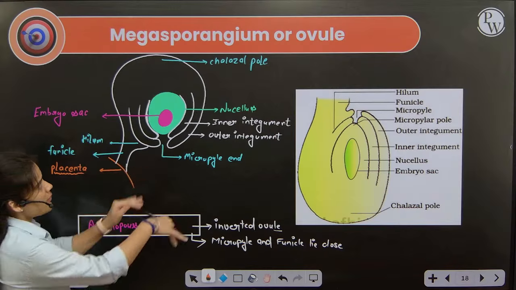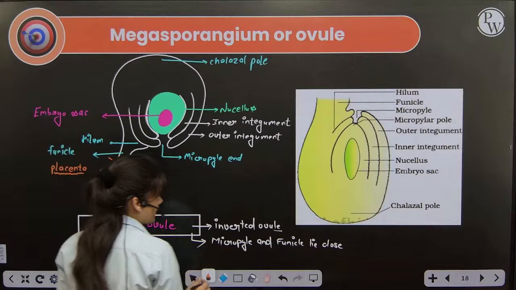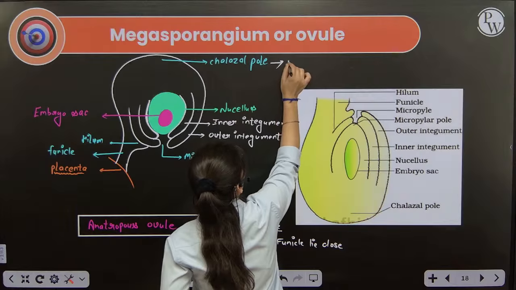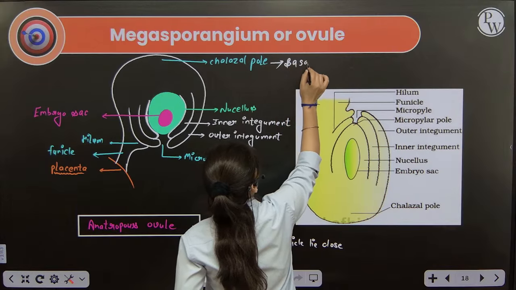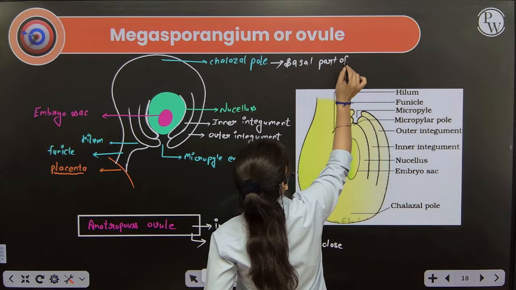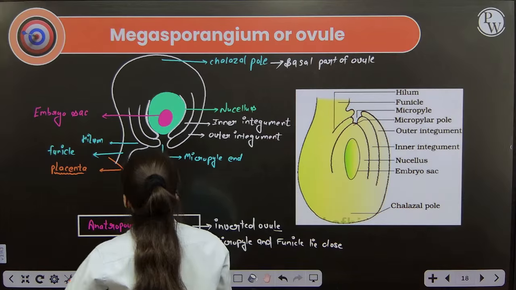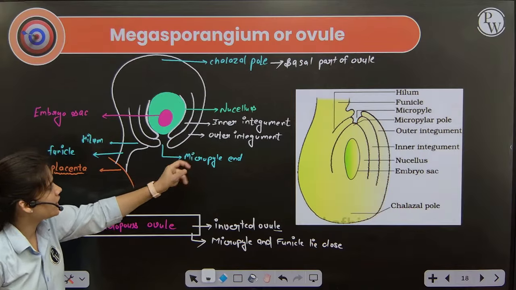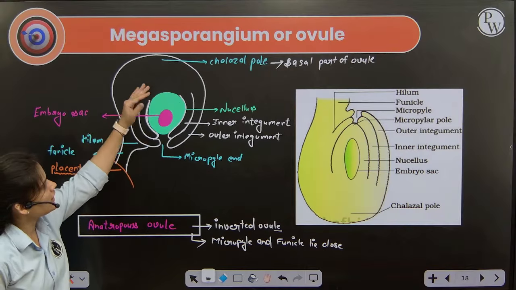Opposite to this micropyle end is chalazal end, and chalazal end is known as basal part of ovule. Placenta, funicle, hilum, outer integument, inner integument, micropyle, and where integuments are absent. Opposite to it is chalazal end.